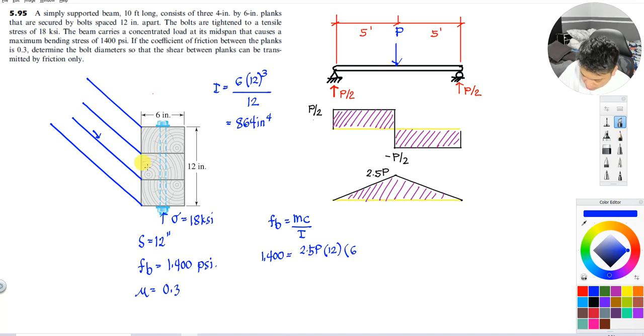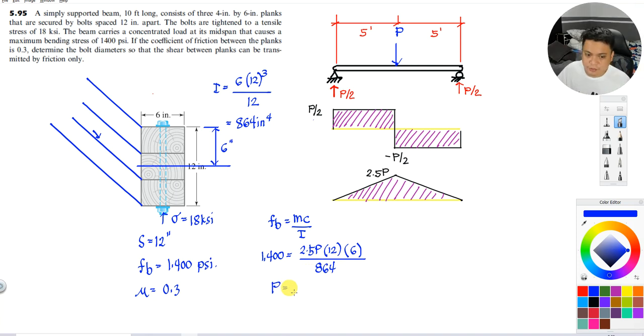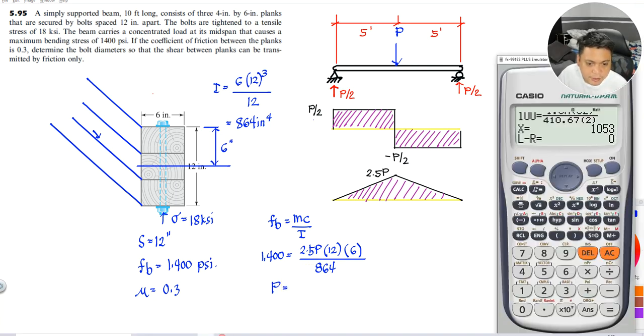So, mula dito sa centroid, na gitnang-gitna, hanggang dun, kalahati. So, you can have it as 6 inches. And then, ang I, you can have it as 864. So, you can now have the value of P in pounds. Okay, so let's have the calculator.